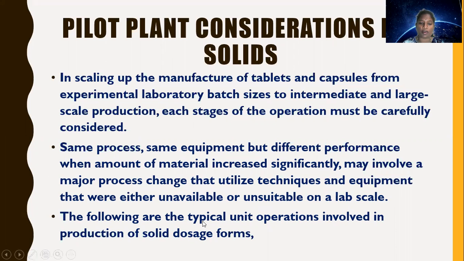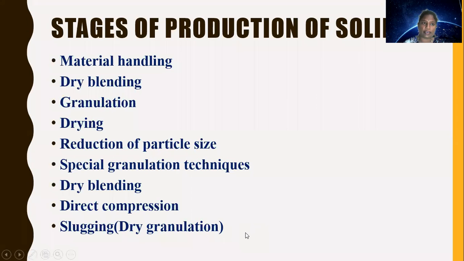So what are the different unit operations we are performing in solid dosage form production? Let us discuss the stages of production of the solid dosage form, mainly in tableting. First one is material handling, how you are handling your materials, that is very, very important.